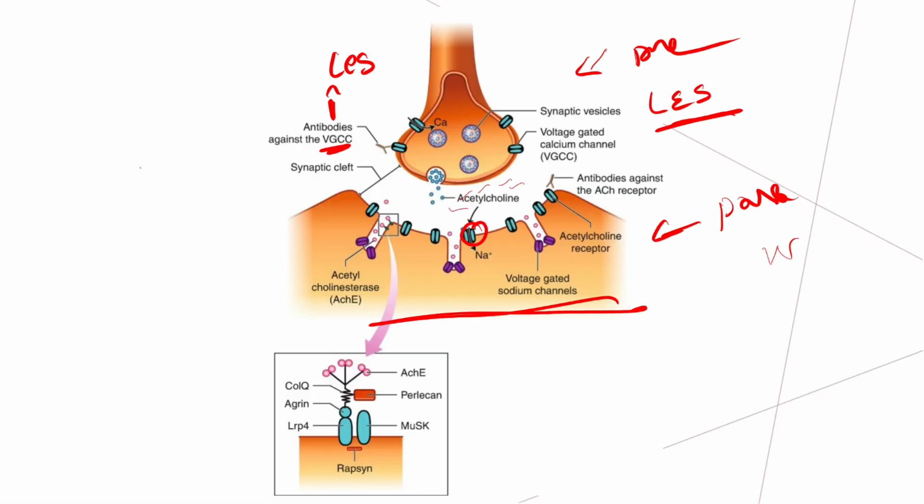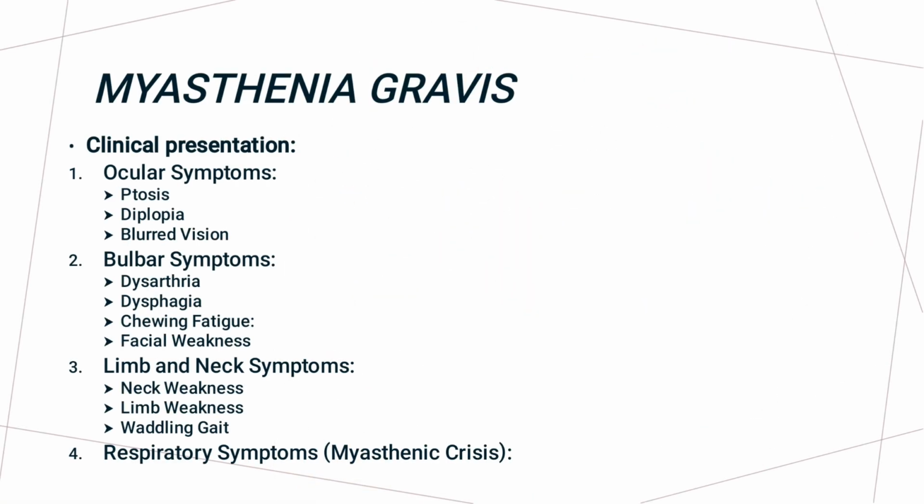Okay, let's carry on. So what are the clinical symptoms, as in the case we saw here? If you get confused and you don't know what myasthenia gravis looks like, think about weakness in the whole body, okay, everywhere. Weakness in the proximal muscles, weakness in the distal muscles of the hand, of the foot, eyes, and especially the face. The face is, most of the time, what you will see affected in myasthenia gravis.